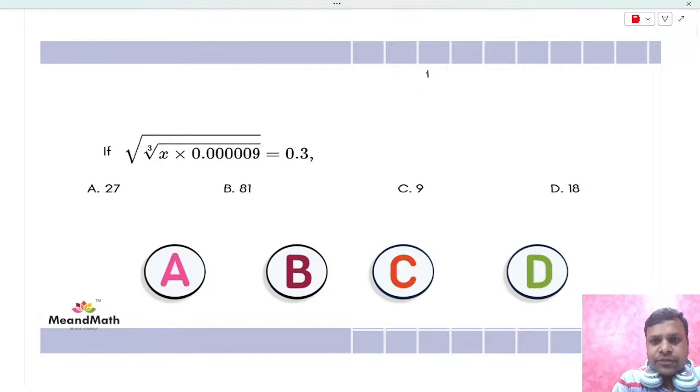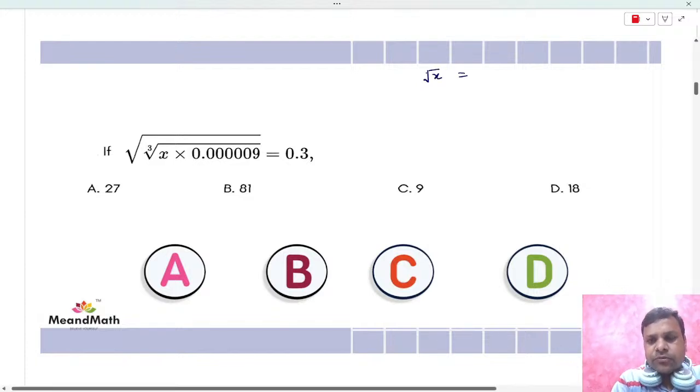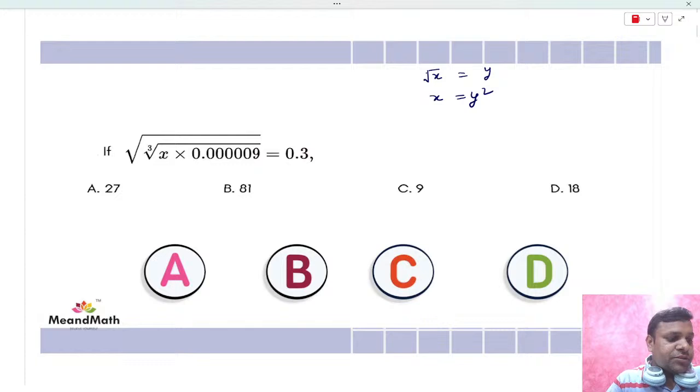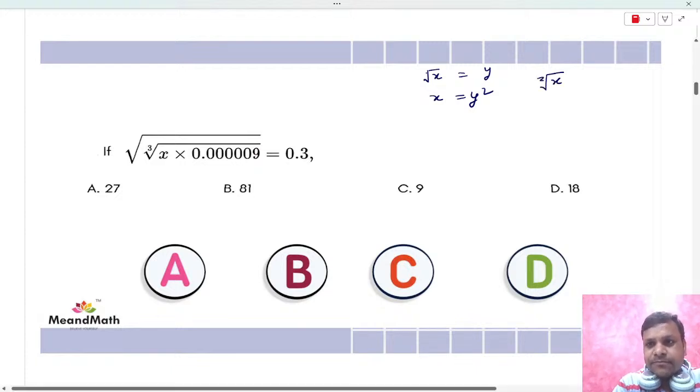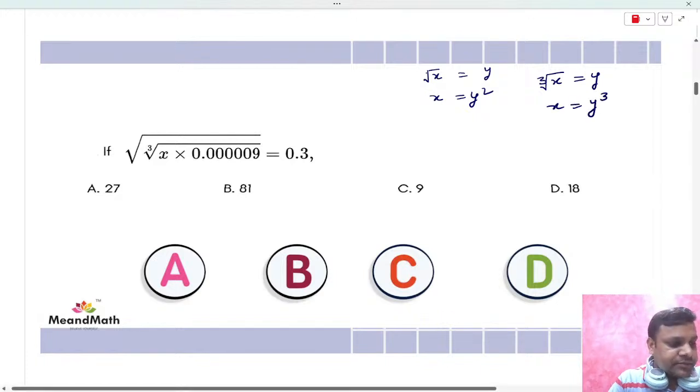If root x is equal to y, then x is equal to y square. If you want to remove the root, then we can square both sides. If a cube root is there, then x is equal to y cube. We can cube both sides.